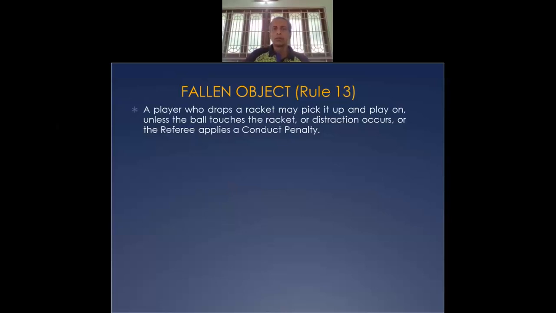A player who drops a racket may pick it up and play. So, fallen object, except for the racket. Any other equipment is considered a fallen object. The racket is not considered a fallen object because the player is already at a disadvantage because of the racket falling. He has to pick it up and then play the next shot.